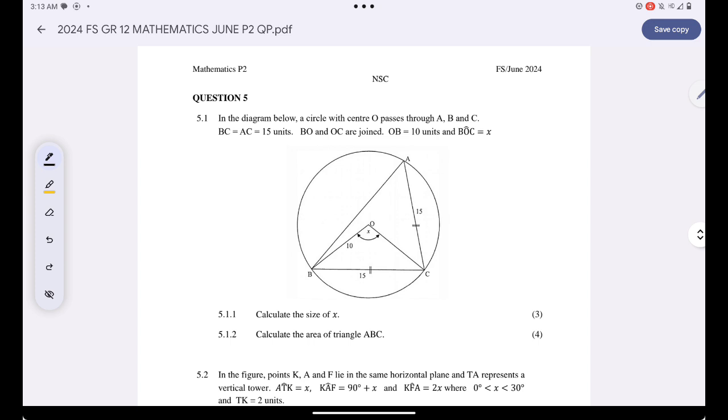BO and OC are joined. OB is 10 units. Angle BOC is x. If OB is 10, that means OC is also 10 units, because OB and OC are radii of the circle. They want us to calculate the value of x.